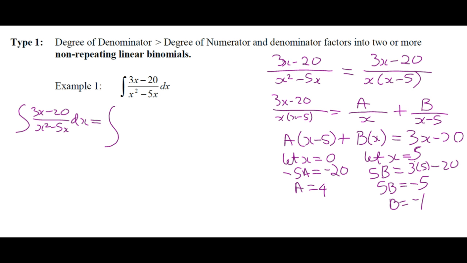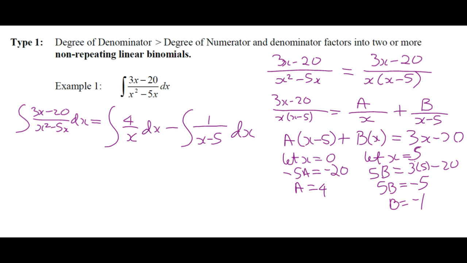So a is 4, so it's 4 over x. And we've got b is -1, right? So instead of writing plus, we'll go minus the integral. Okay, now we can go with b is 1, so we've taken care of the minus. 1 over x minus 5 dx.